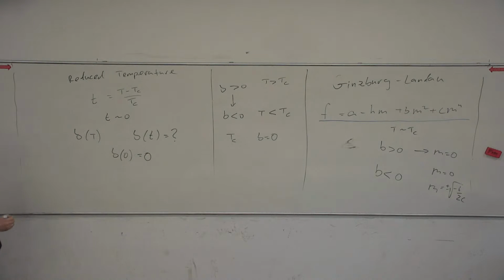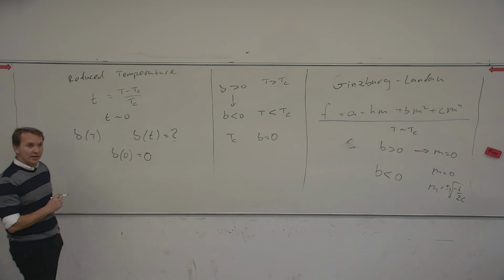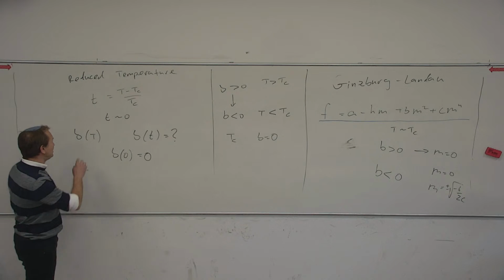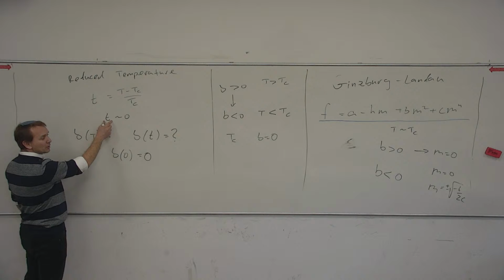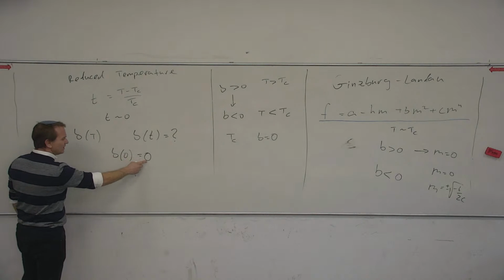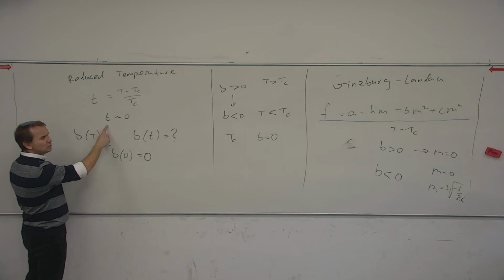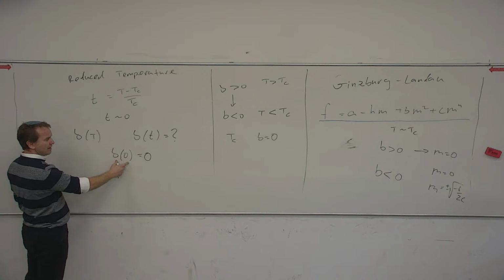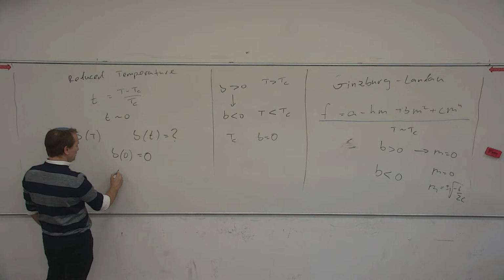Okay. Now, the next question, and this is again the assumption of Ginzburg and Landau: if t is small, okay, so exactly at 0, B is 0. But when the reduced temperature is small, what can we assume about the behavior of this coefficient B? Okay? So they assume the following.